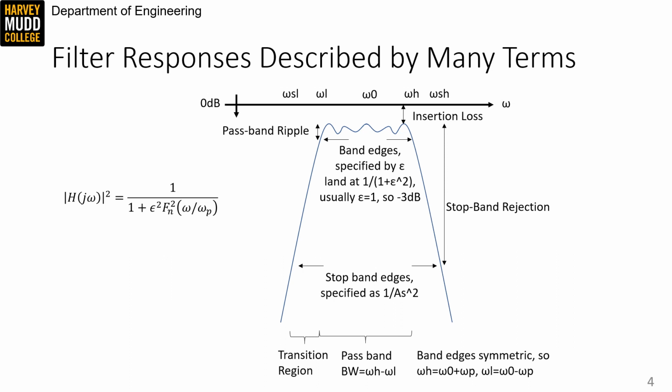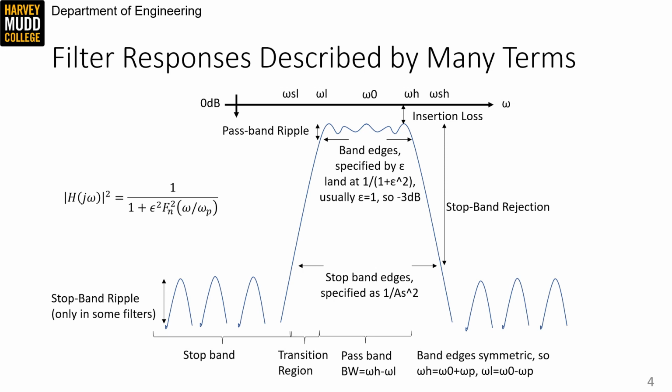The frequencies between the passband edge and the stop band edge are called the transition region. Finally, the frequency band outside the transition region is called the stop band. Some filters have finite transfer function values in this region, and that behavior is referred to as stop band ripple. The stop band ripple sets a maximum value for stop band rejection.